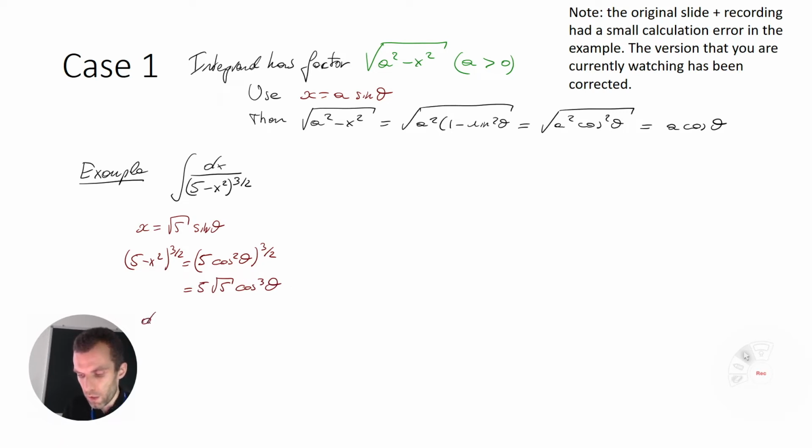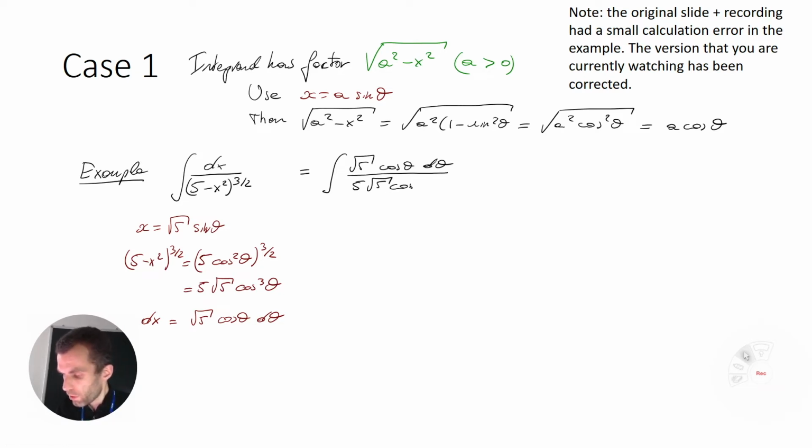And likewise, the differential dx becomes square root of 5 cosine theta d theta. So then our integral becomes square root of 5 cosine theta d theta, divided by 5 square root of 5 cosine to the power 3 theta.